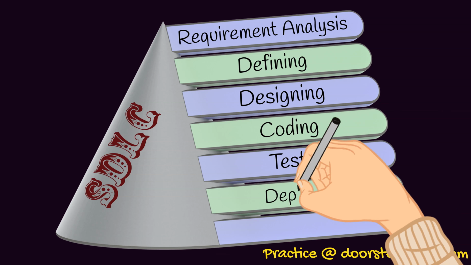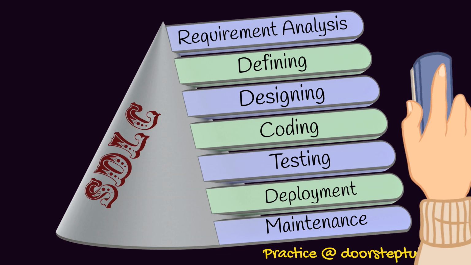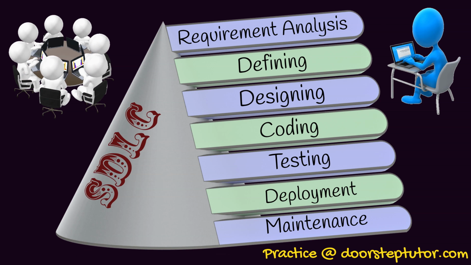Then we will have the testing part, which can be unit testing or system testing also. We will discuss unit testing and system testing later in today's discussion. After the testing part, we will have the deployment phase, and in the last we will have the maintenance or support phase, in which we will provide full support and maintenance to the customer.